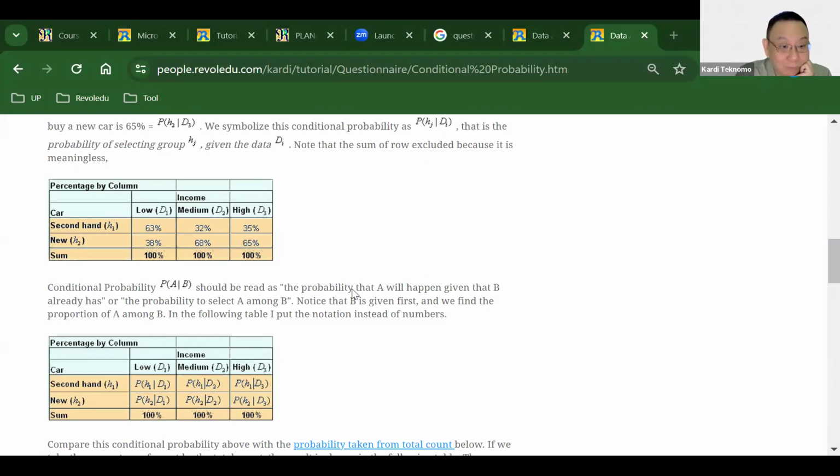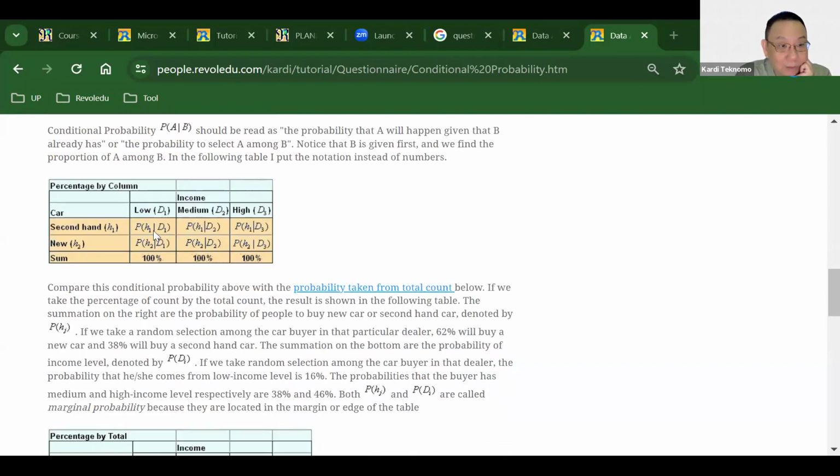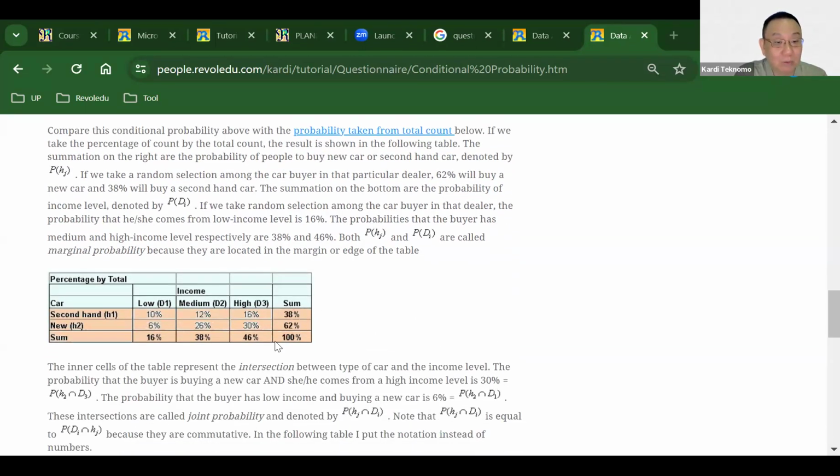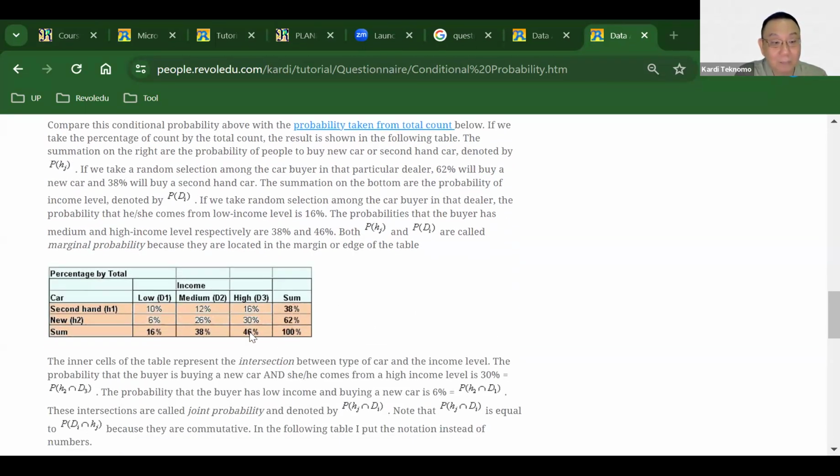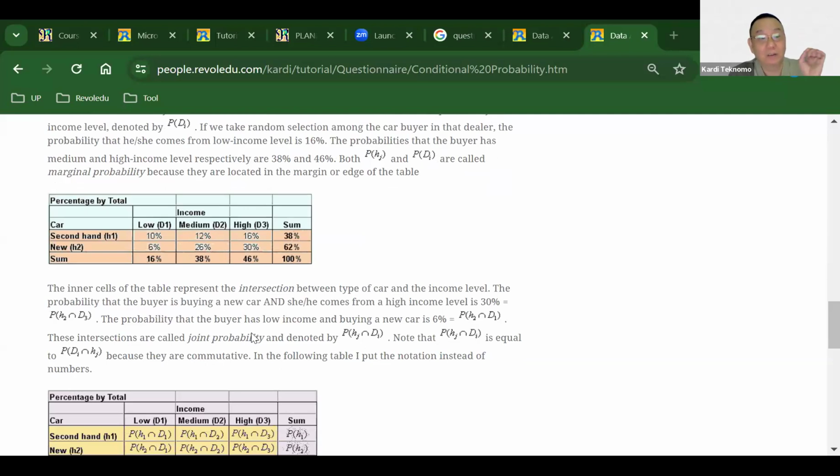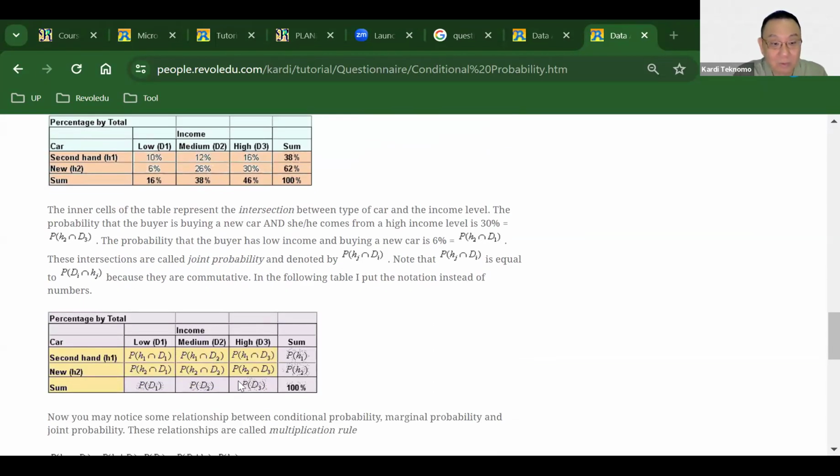So the notation of conditional probability is the probability of the one that you want to know, so second-hand car here, and then a given. The slash here represents given that this is the condition. Now, if you put the percentage by total, that represents the joint probability, the intersection. Okay, it's called joint probability.